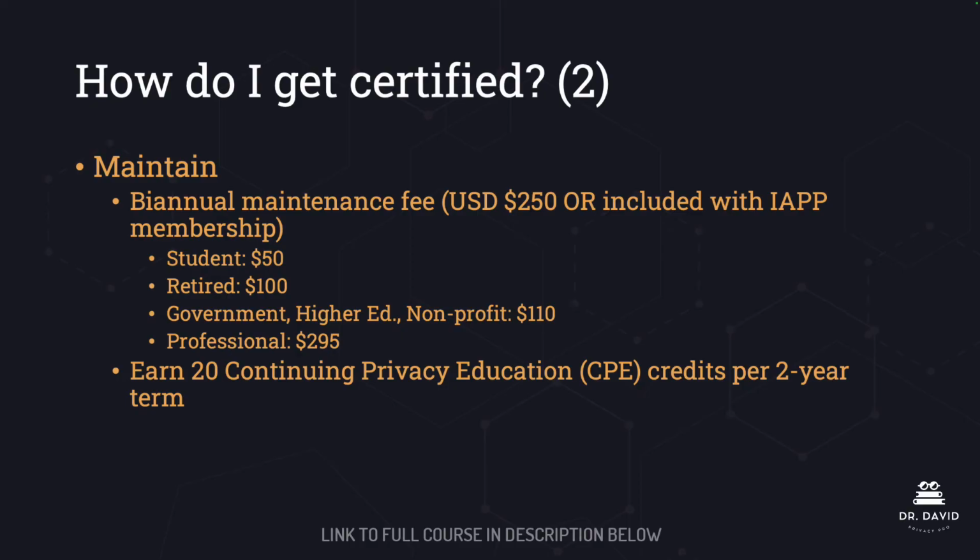In addition to the biannual maintenance fee, you'll also need to earn 20 continuing privacy education or CPE credits per 2-year term. It sounds like a lot, but it's actually pretty easy. Most of the publications that IAPP publishes online can count toward your CPE.